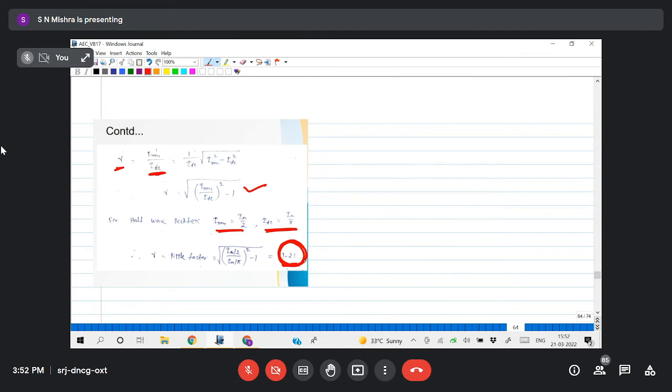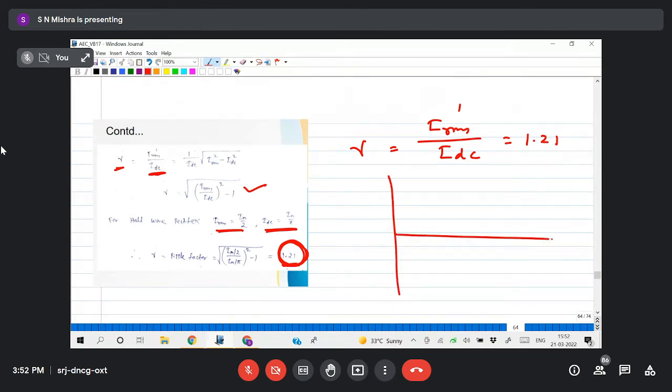So what conclusion do we get here? Gamma equals IRMS dash by IDC equals 1.21. Numerator divided by denominator, we are getting more than 1. So is AC component more or DC component more? AC is more. That's why we are getting the pulsating nature, due to this AC part.